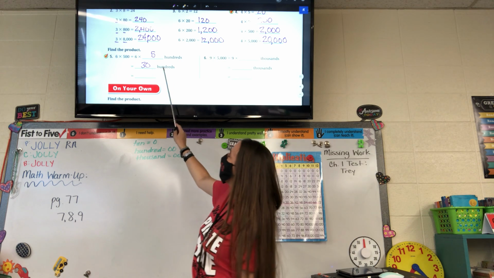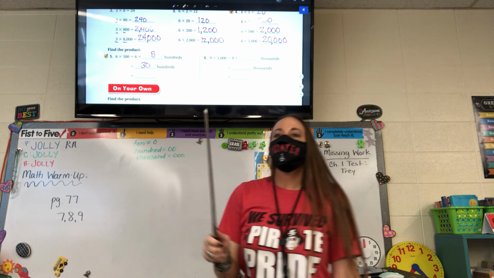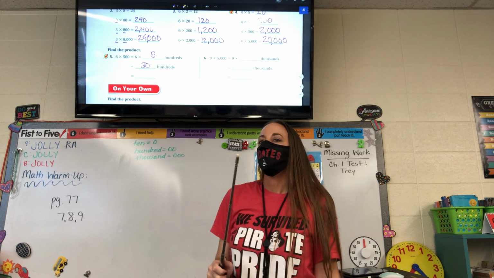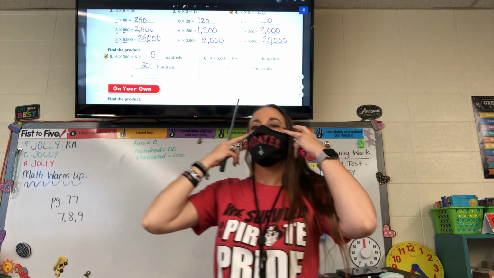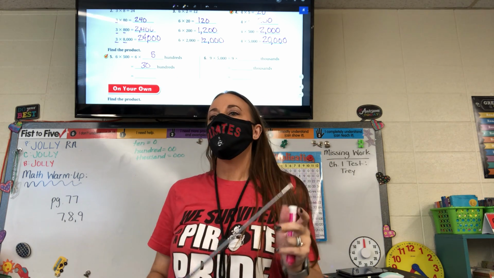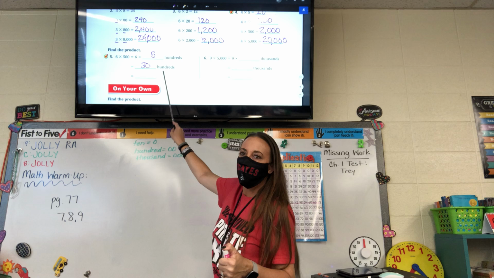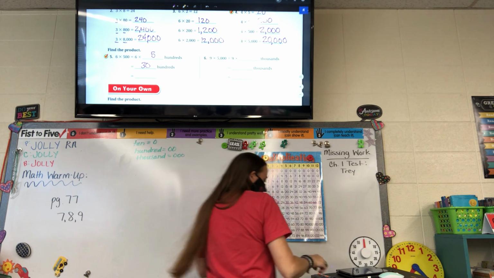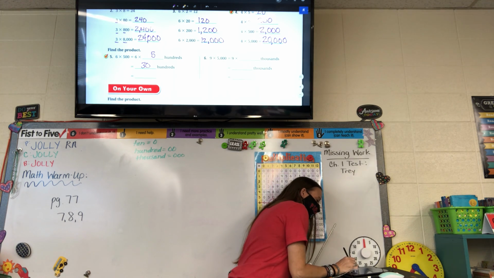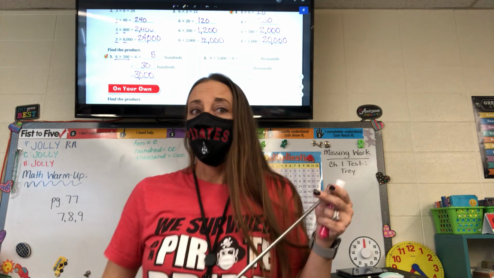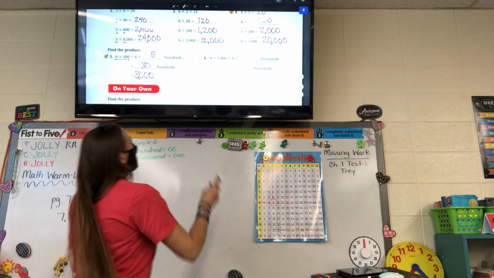And if it's 30 hundreds, how many zeros do we add on for the word 100? Picture 100 in your mind. How many zeros do you see? 2. So how many zeros do we add on for the word 100? 2. So we're going to add 30 with 2 zeros behind it. So our answer to 6 times 500 is 3,000. Does that make sense? Yep. Okay, good. All right.